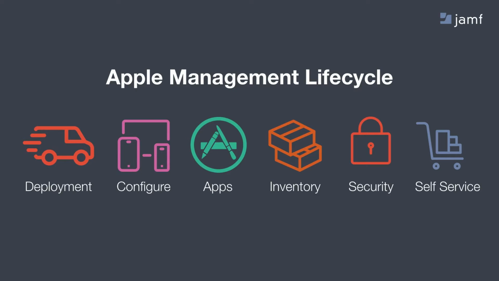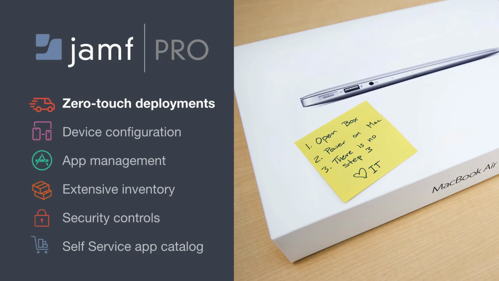Well, we break it down into these steps: deploying the devices out to your users, configuring them with the correct settings, making sure they have the correct software and apps on them so that your users are productive, making sure IT can get inventory data of all of their devices to take action on them, make sure that they are secure to an organization's standards, and providing a unique way for users to get software that they need so they don't always have to submit an IT ticket just to download a piece of software. So we're going to explore these 6 things through the lens of Jamf Pro.